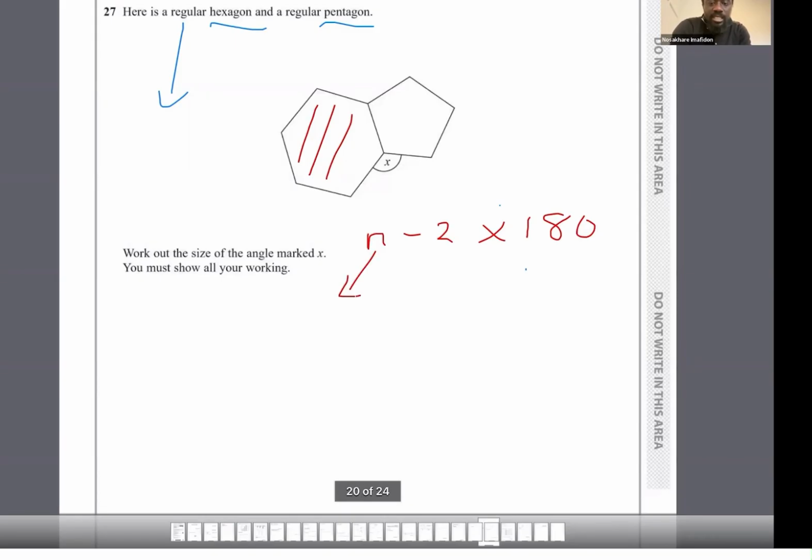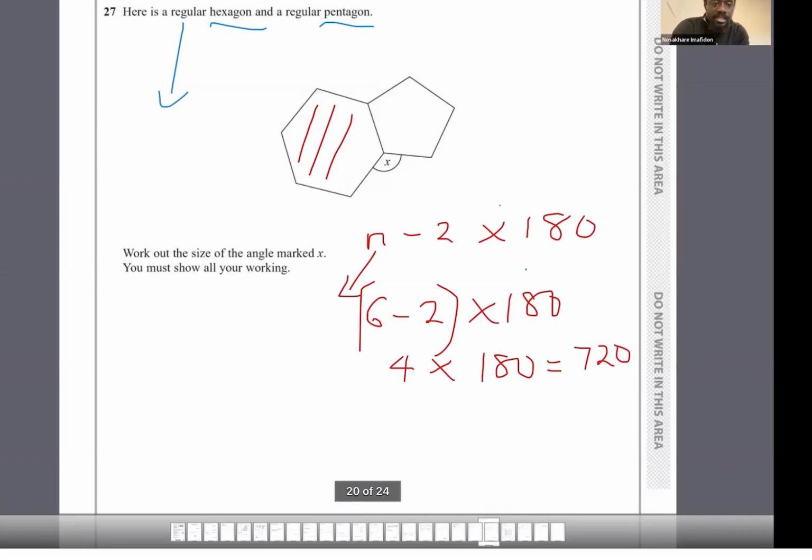So if n is 6, we have 6 minus 2, which is 4, then times 180. 4 times 180 gives us 720, which simply means that all the 6 angles in the first polygon should add up to 720.